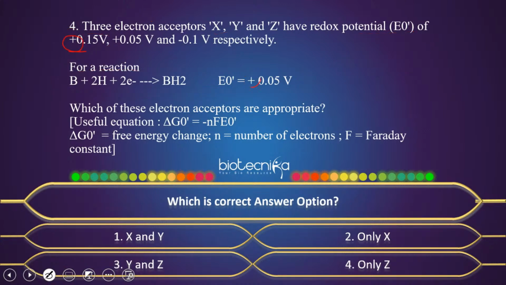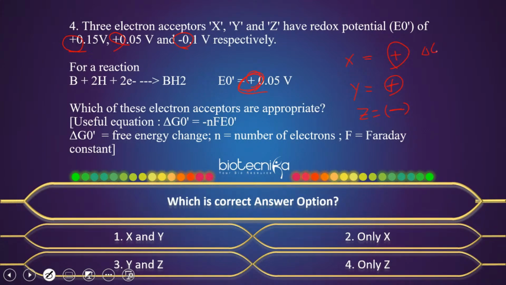If plus and plus for X, what will be the value? Plus only, isn't it? Then for Y, what will be the value of cell potential? Plus and plus, that will come plus only, right? And for Z, what will be the value? You see here minus and plus. So what will be the value over here? You are getting minus, correct?